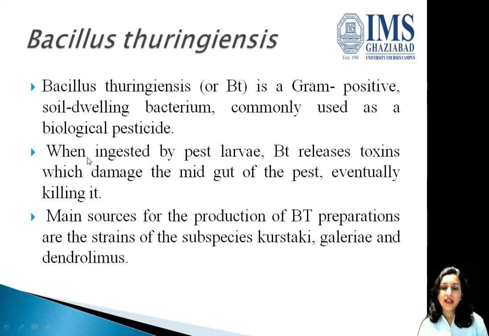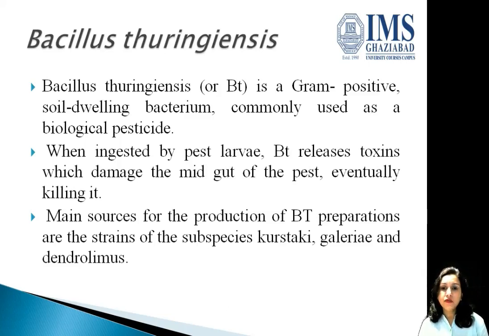The mechanism is as follows: when it is ingested by the pest at the larval stage, BT releases BT toxins, which damage the midgut of the pest, eventually killing it. Like this, the toxin when ingested by the larva gets into the gut of the pest, releases some toxins, and eventually the larva is killed.